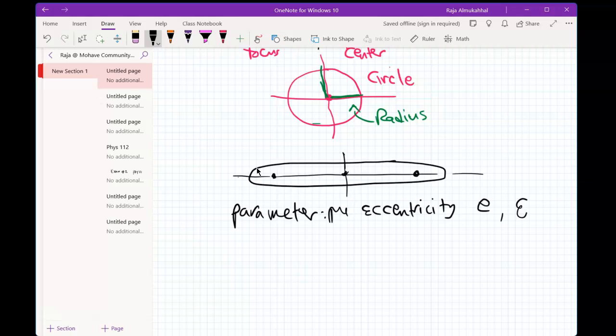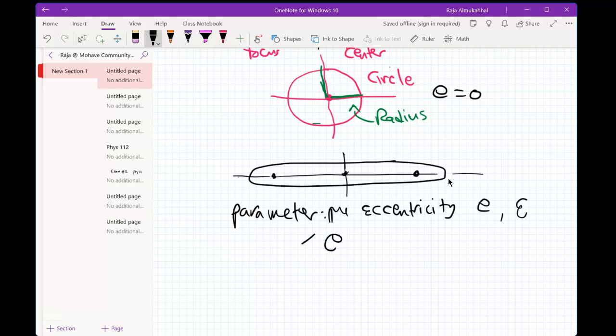Eccentricity basically tells you how deviated the ellipse is, or how far it is from being a perfect circle. Now, the eccentricity of a circle is 0.